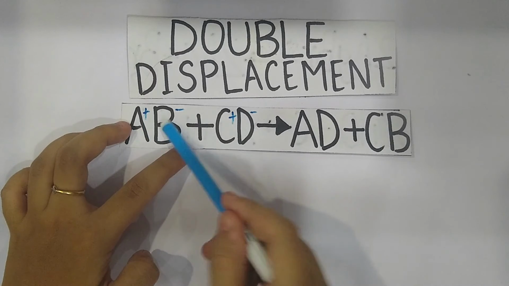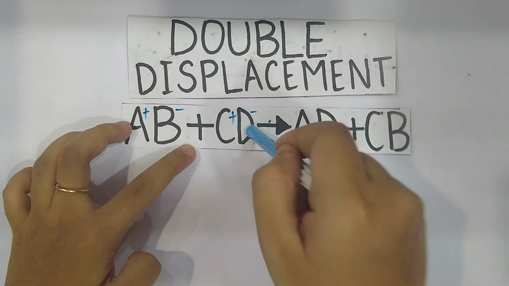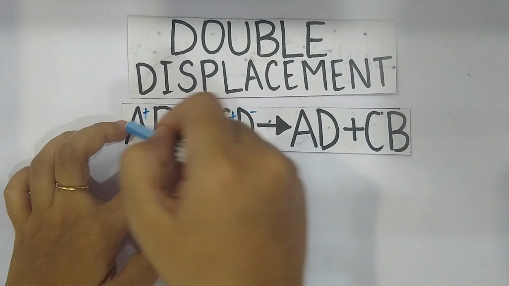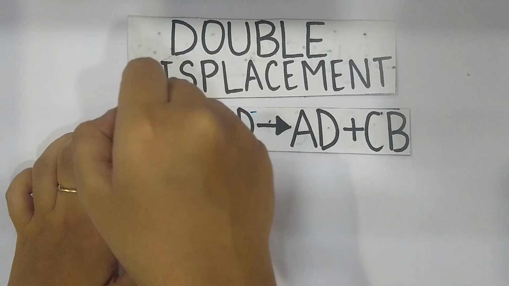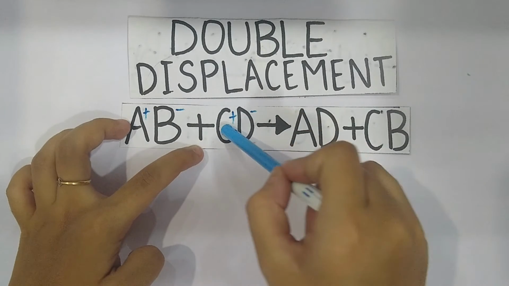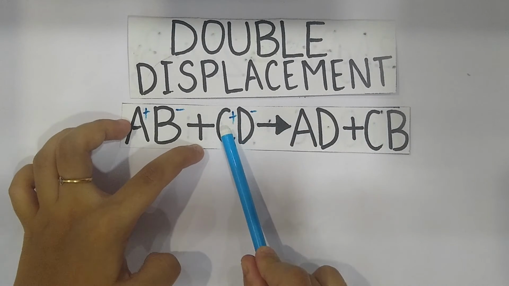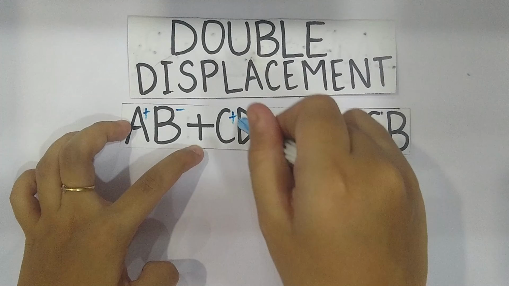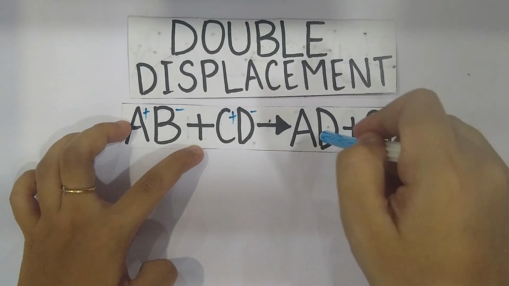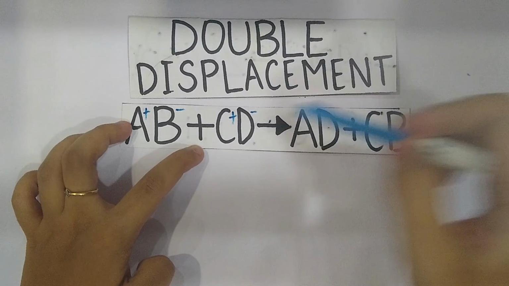So that is why AB and CD combine to give us A and D. If A is not reacting with B, then it is reacting with D, but not with C. Why? Because C is positive and positives do not attract. They repel each other. That is why A and D formed a product and B and C formed a product.